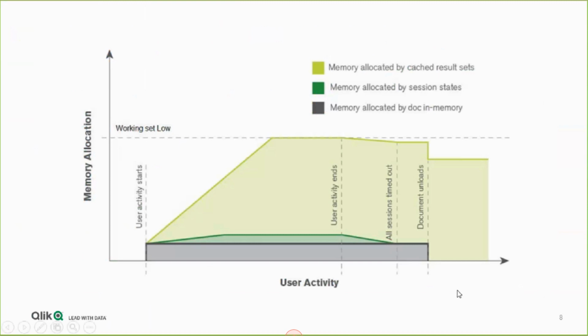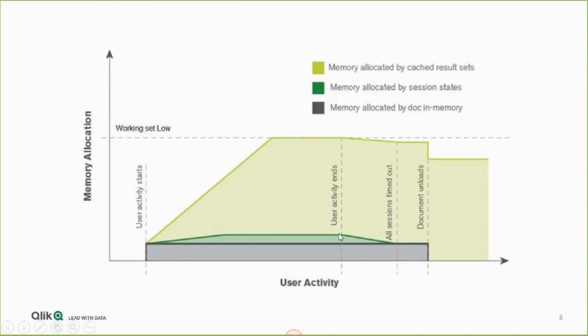To kind of walk you through the diagram, as a user loads a document in the hub, you will see that information be stored into memory. The user session as well is stored into memory, and any selection or any calculation that is done on that document is stored into memory, and that usually takes up the vast majority of the memory for the system.